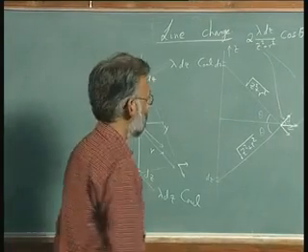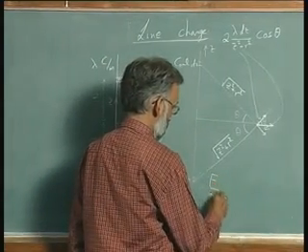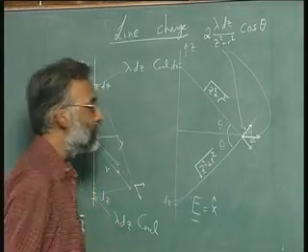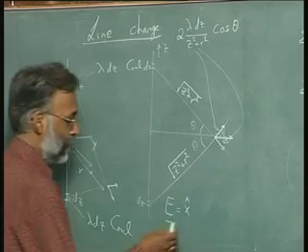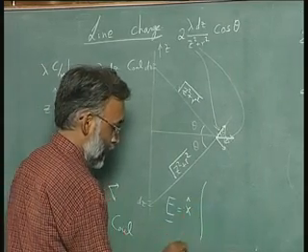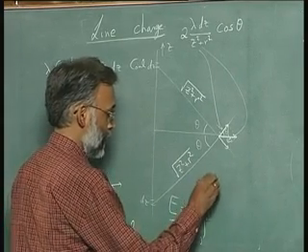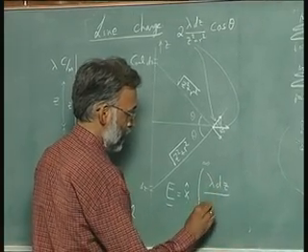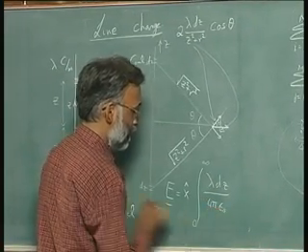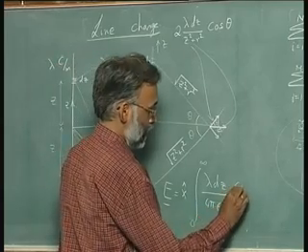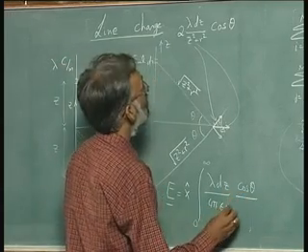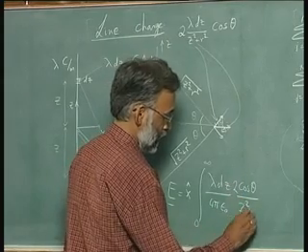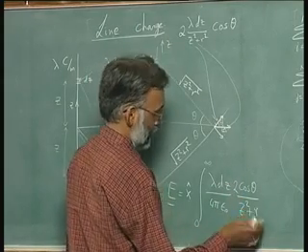So, my total electric field is going to be along the x direction. It is going to be the integral from 0 to infinity of lambda dz over 4 pi epsilon 0, twice cos theta over z squared plus x squared.